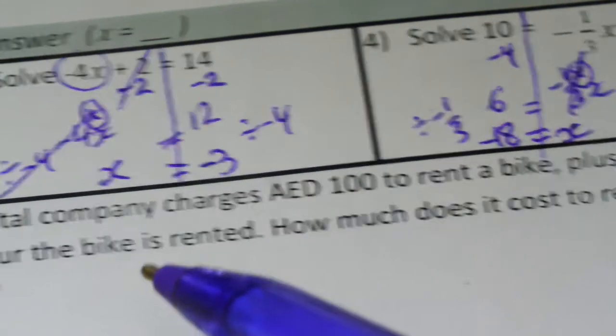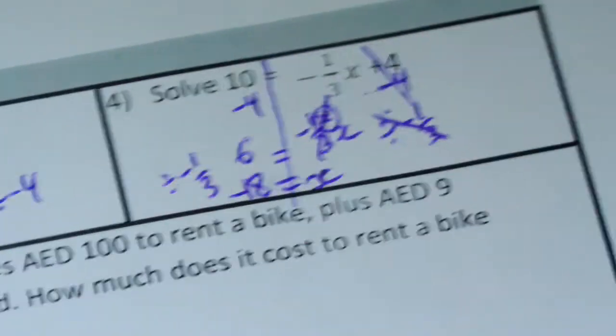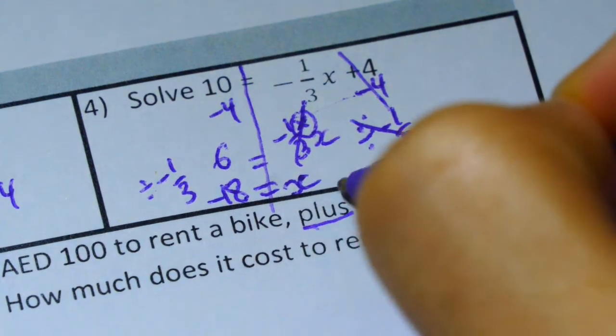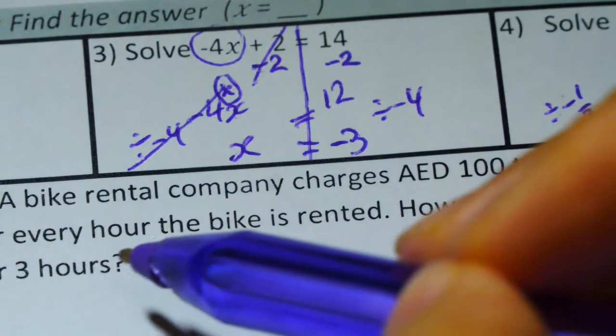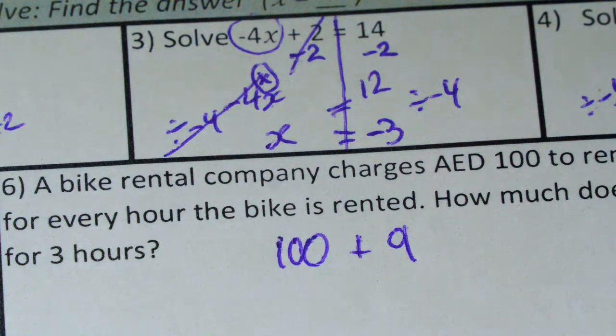So the bike costs 100 dirhams to rent a bike. So we're going to write 100 plus 9 dirhams. So this is a plus 9 dirhams for every hour.